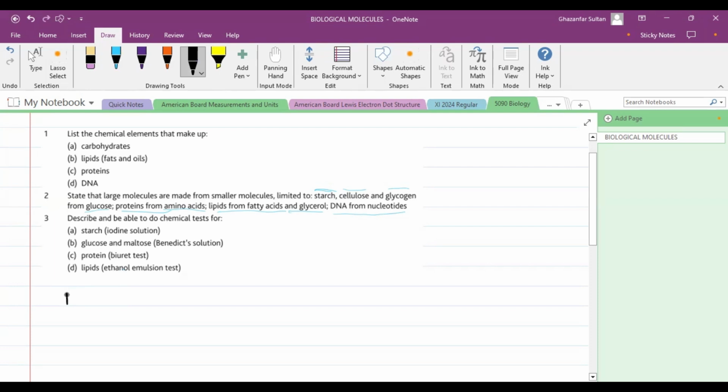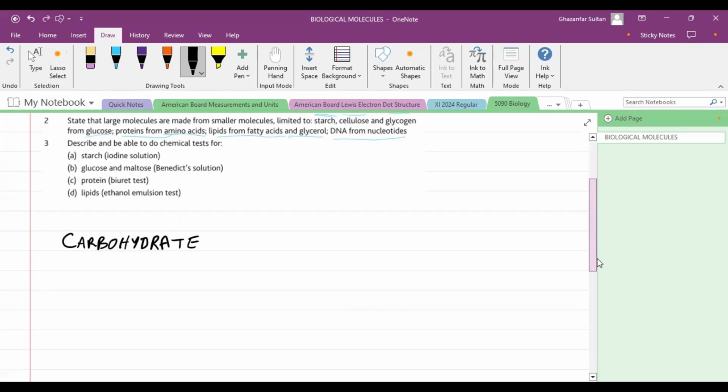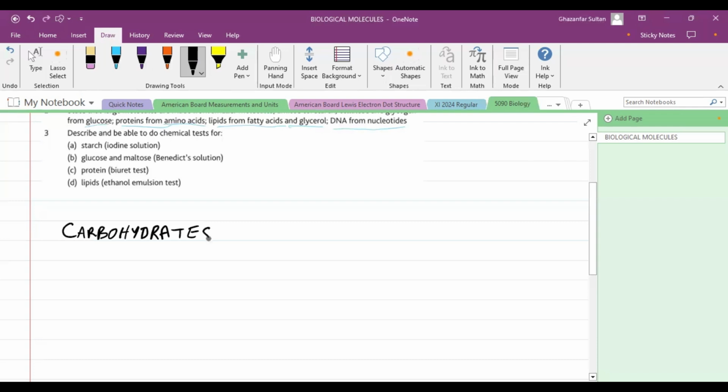So the first and the important molecule is carbohydrate. The word carbohydrate was initially derived from the chemical terminology hydrated carbon.